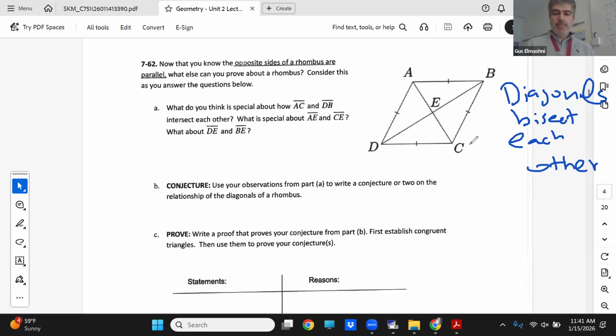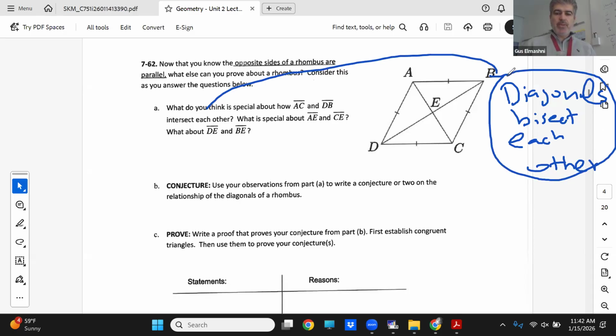Why does that happen? So when it says, what do you think is special about AC and DB? They bisect each other. So actually, I already answered that for you. They're also going to be perpendicular. So diagonals bisect each other.